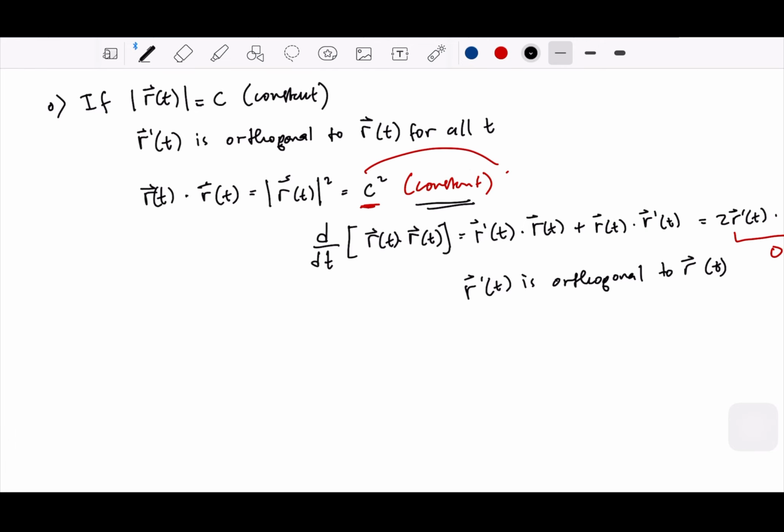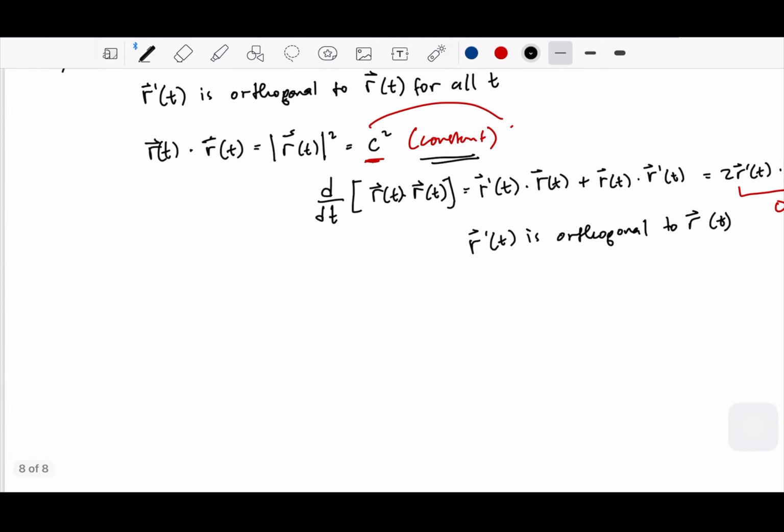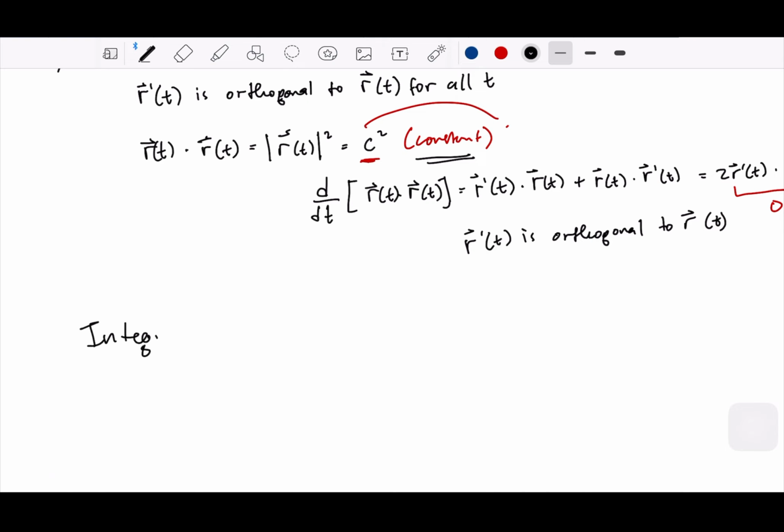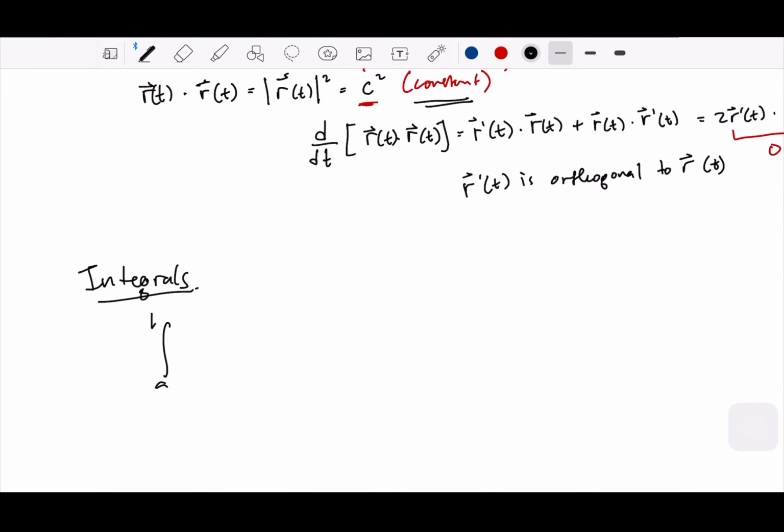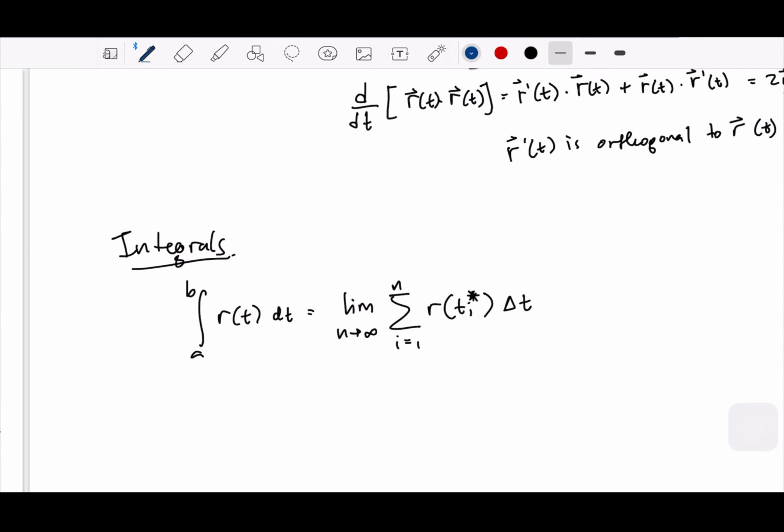Okay, now derivatives are complete, and we can move on to integrations, or integrals. We start with our approach within the vector functions. We have similar definitions, so we start with the definite integral.